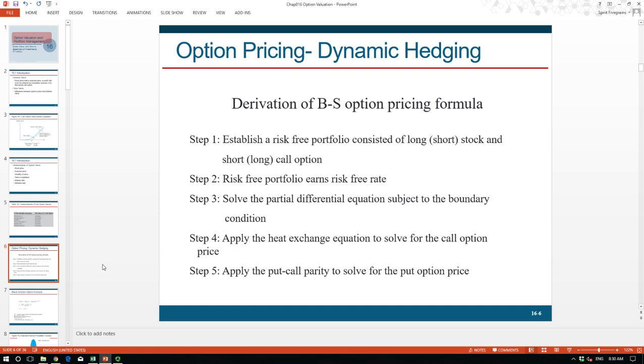Dr. Black, who is a mathematician, and Dr. Scholes, who is a finance professor, worked together to solve the option pricing problem. Before the 1970s, people recognized there are 2 components in option pricing: intrinsic value and time value. Although intrinsic value can be quantitatively determined, it's really hard to capture the time value.